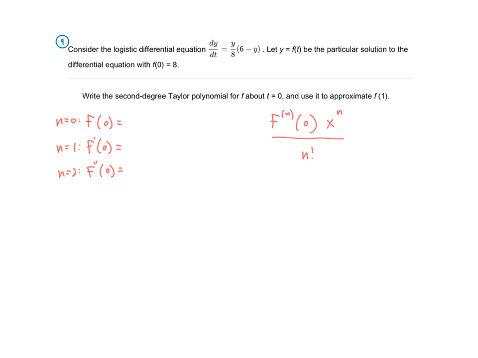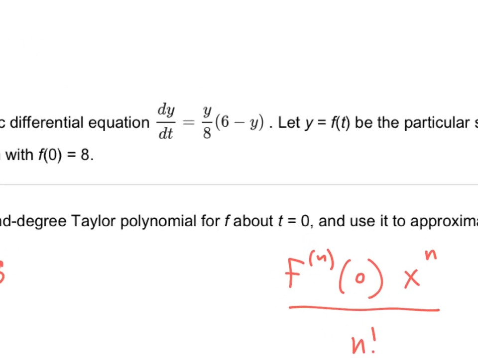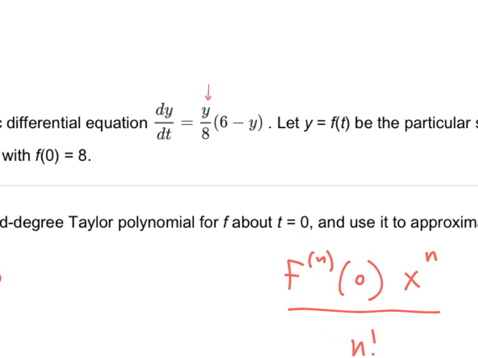Okay, so for each derivative, f of 0 they give us as 8. For f prime at 0, we can just plug in 0 for t, but you have to be careful because there are no t's here. You can think of this y here as y of t, and then you can plug in 0 for t.